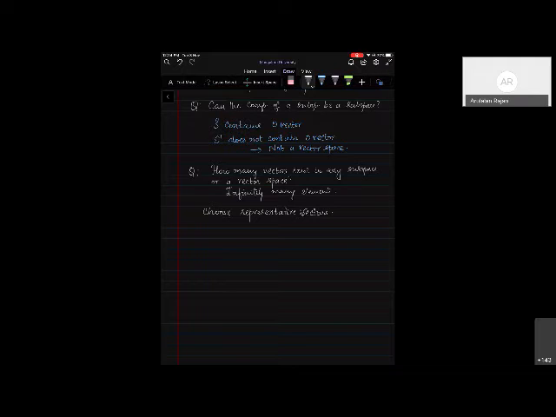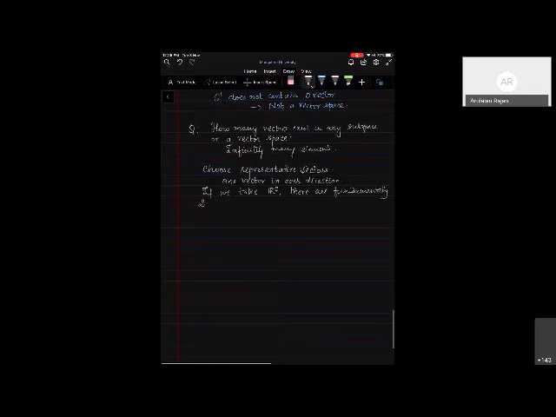I choose one vector in each direction. This means if we take R2, there are fundamentally two directions, two coordinates basically, the x coordinate and the y coordinate.